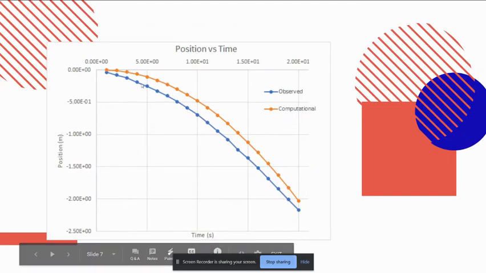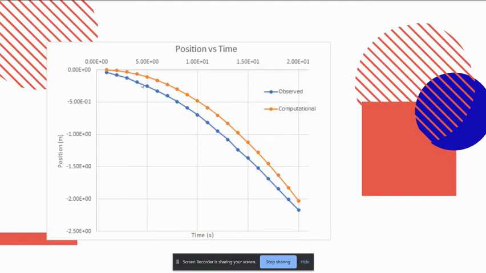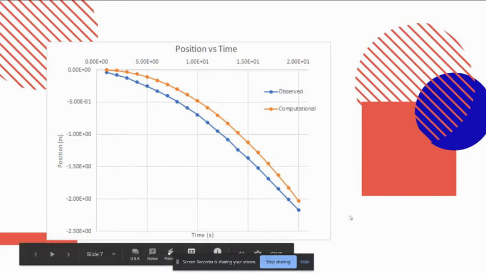From the tracker data, you can run my own code from the description below. Using the data from my computational model and my observed model, I created this position versus time graph in which we can see that the computational model underpredicted the actual observed motion collected in data in Tracker.